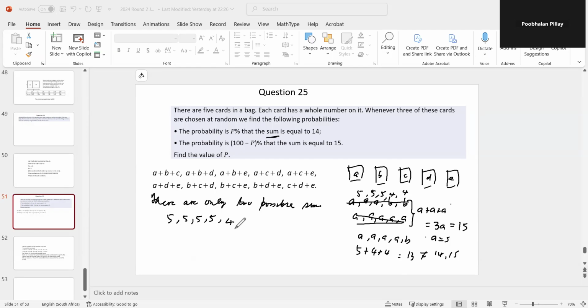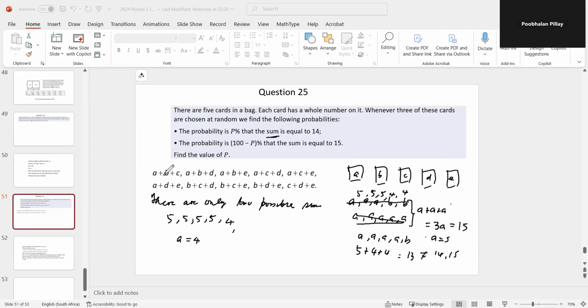Okay. Now, they say the probability is P% for the sum to be 14. And so for the sum to be 14, how many times do you have 14? Okay. In other words, this one single number must be, suppose A is 4, right?